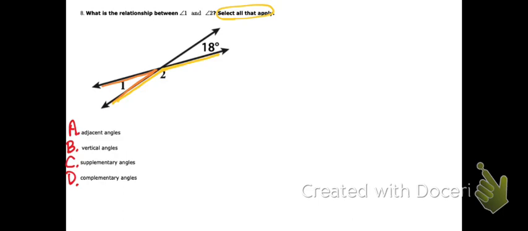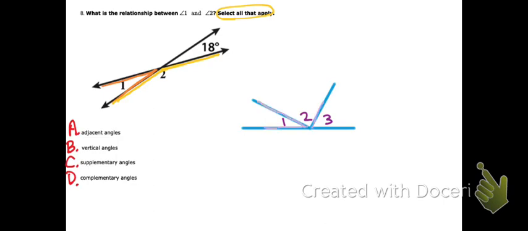So let's talk about adjacent angles. Option A. What are adjacent angles? Adjacent angles are just angles that are next to each other. So if I have angle 1, 2, and 3 here, angle 1 and 2 are next to each other. They share a side.